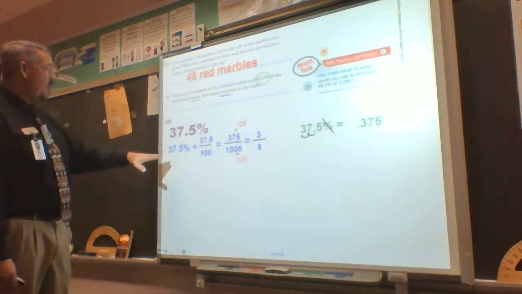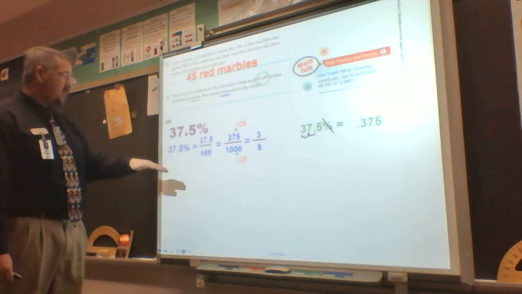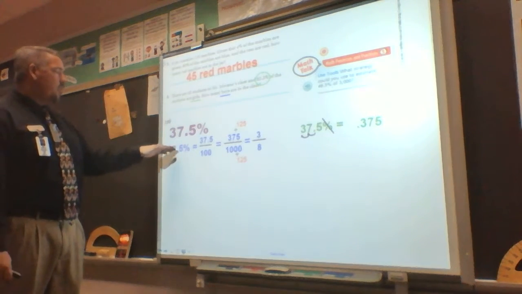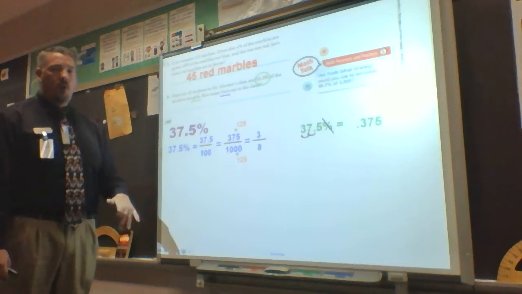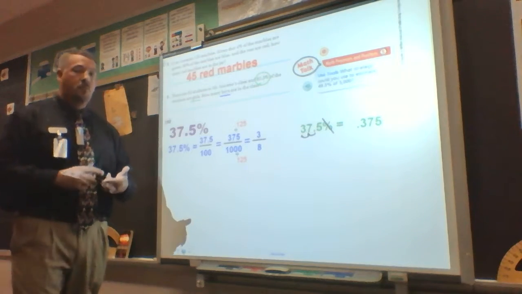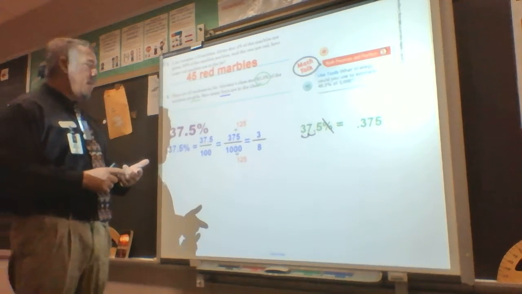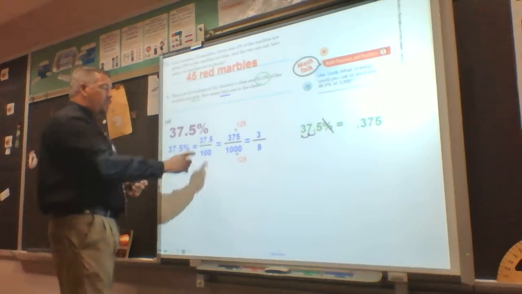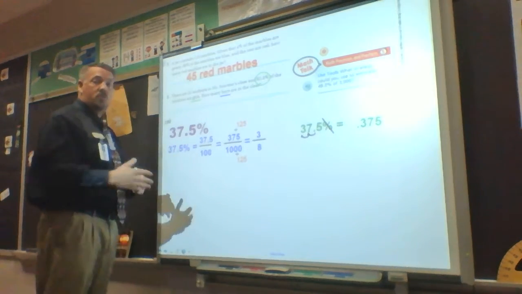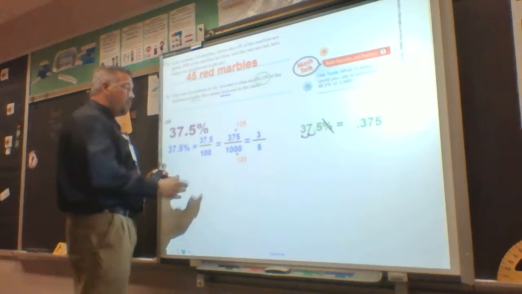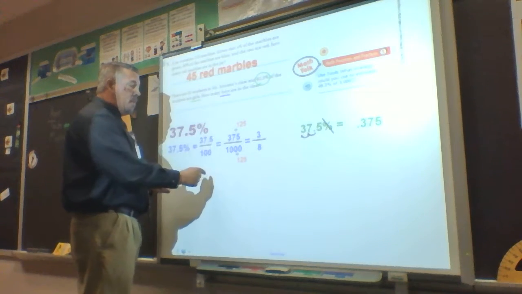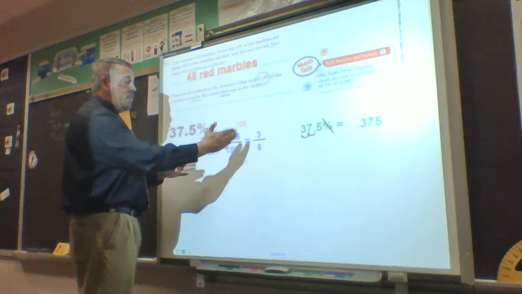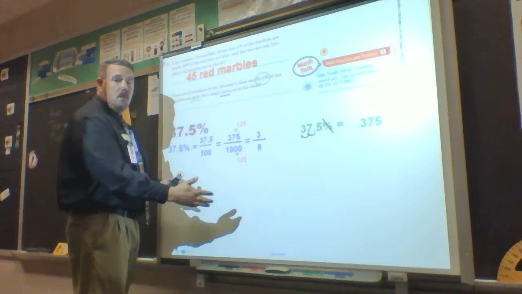And then I do my math to solve for how many boys there are. So when I set it up, I know that 37.5% is 37.5 over 100. So in the last 2 lessons, we've looked at how we would just change that to a different denominator. It would be 37.5 over 100 to start with, but if I multiply each of these by 10, then I know I get 375 over 1,000.